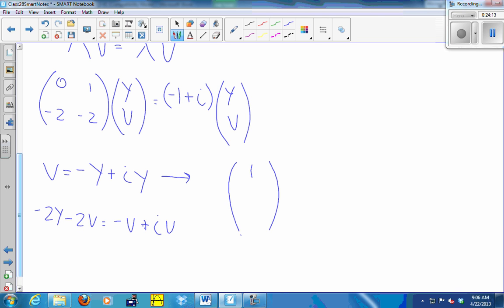Then v would have to be -1 plus i. So this is an eigenvector: 1, -1 plus i.